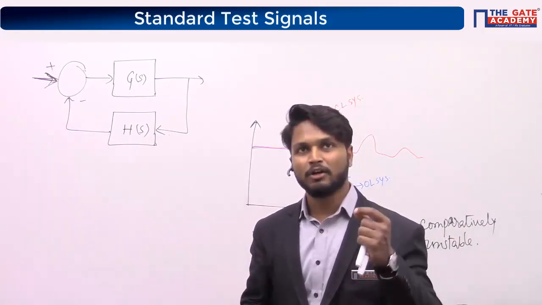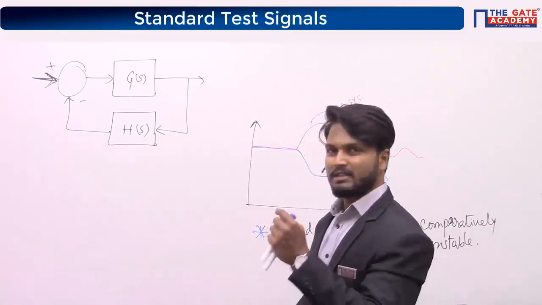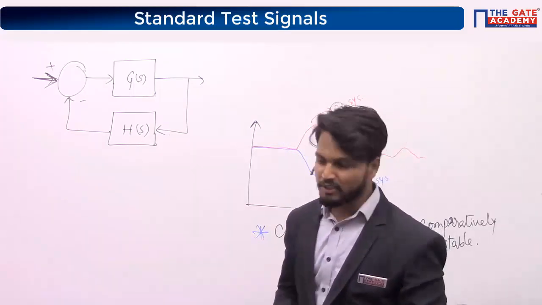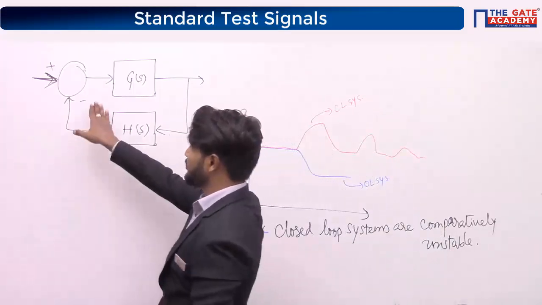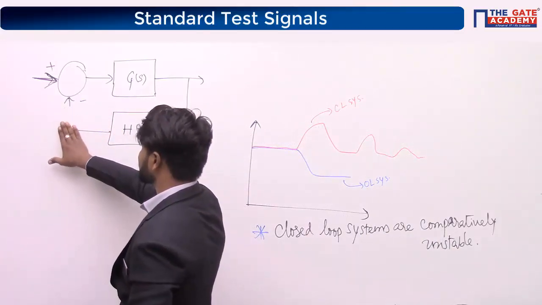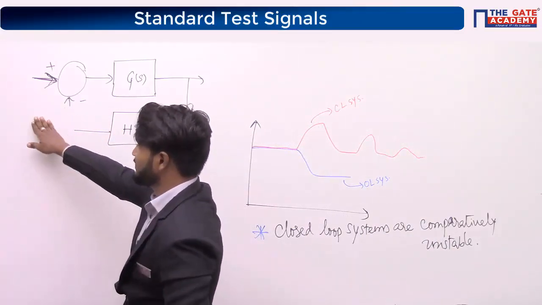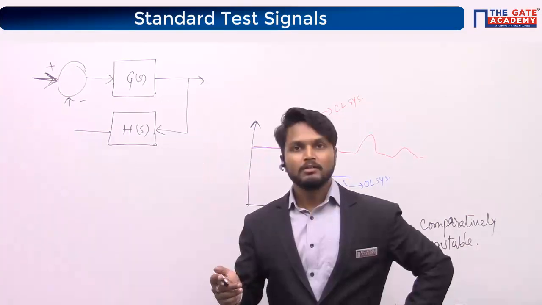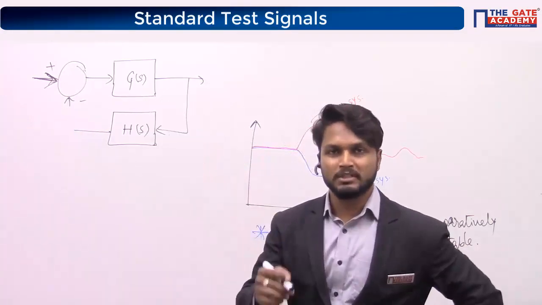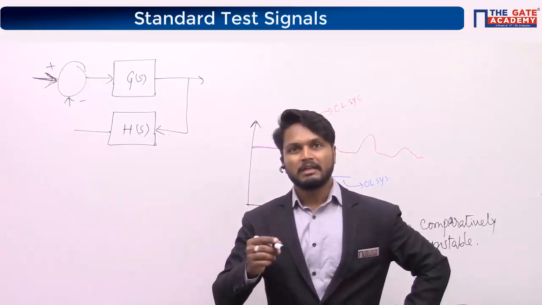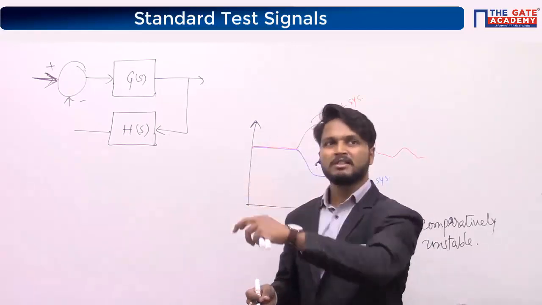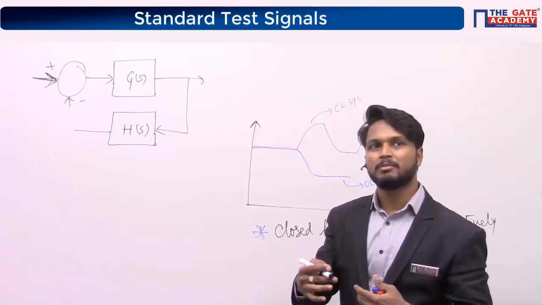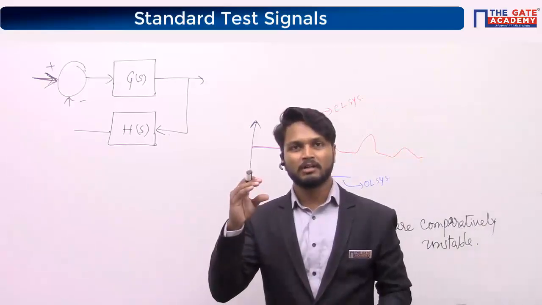In order to avoid that, what generally is done in industries is they will just break the feedback loop here. They will just remove the feedback connection. In closed loop systems, even a stable system might become unstable because of some criteria.